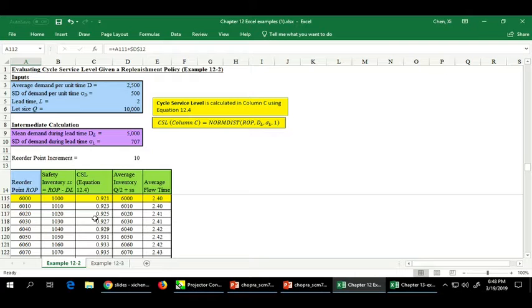The more inventory I hold, the more available the product is, so on average I'll be able to satisfy customer demand more. But the drawback is I'm going to have higher inventory, so the average inventory is also increasing in this direction. Then we need to find the optimal trade-off between these two.